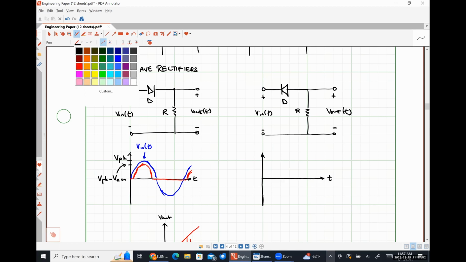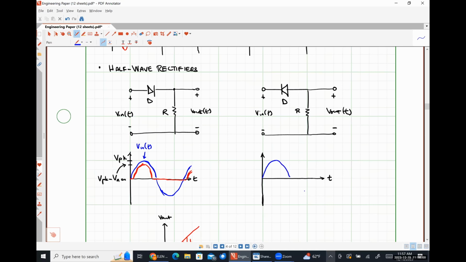So our input signal will once again be in blue. Something like this. Now our output is going to look like this guy.